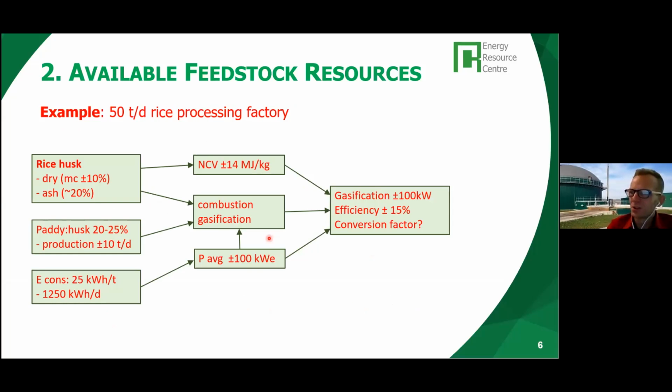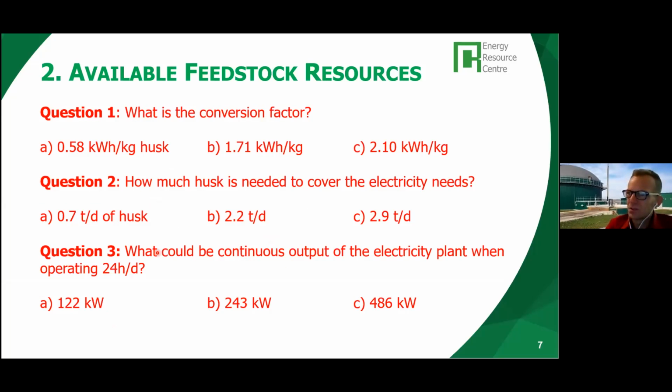On the other hand, if you produce 10 tons per day of husk and you need only 2.2 for meeting the energy requirements of the factory, then of course you can produce a lot more energy from this quantity.